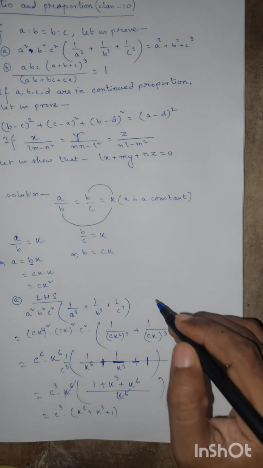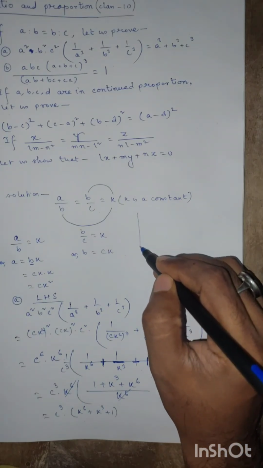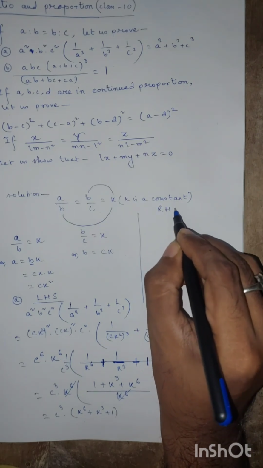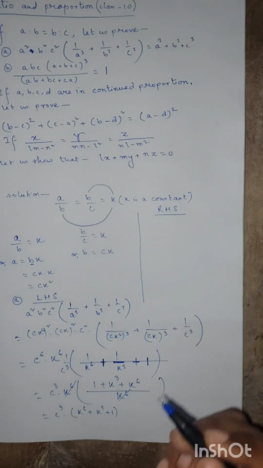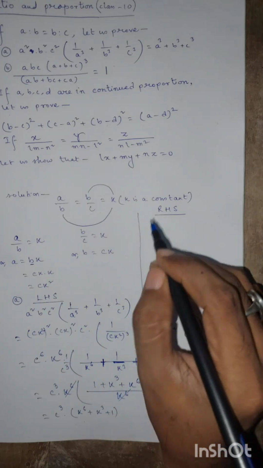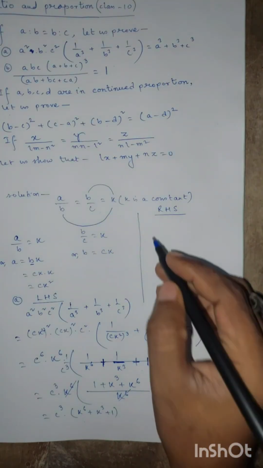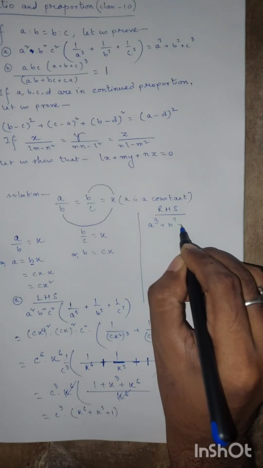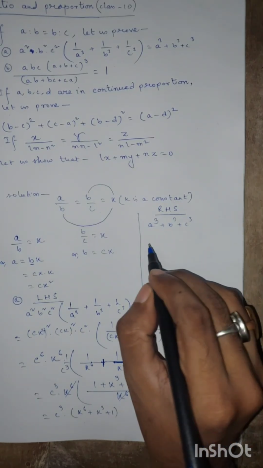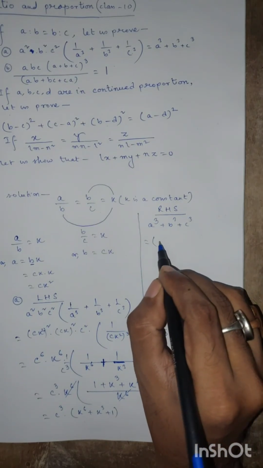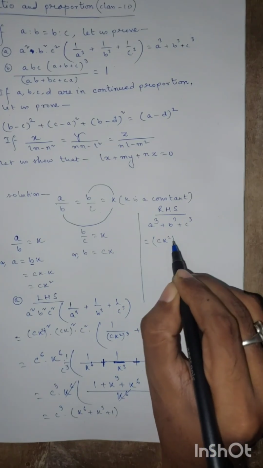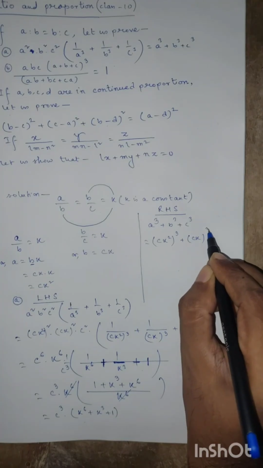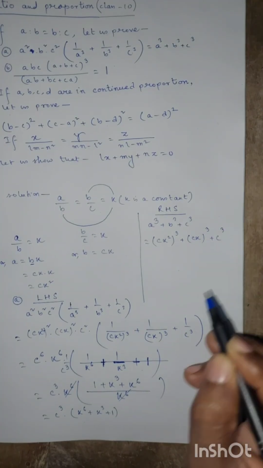Now if we write the right hand side, it is a cube plus b cube plus c cube. So in place of a we are writing ck square whole cube, ck whole cube plus c cube.